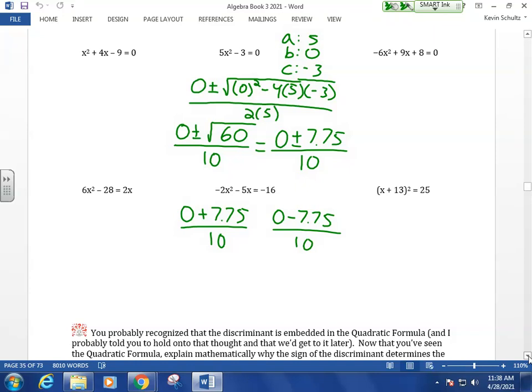And so our x-intercepts, our first one, rounded to nearest hundredth, is a positive 0.78 and a negative 0.78. And you see they are opposites there, which they should be based on the form of the equation we have.